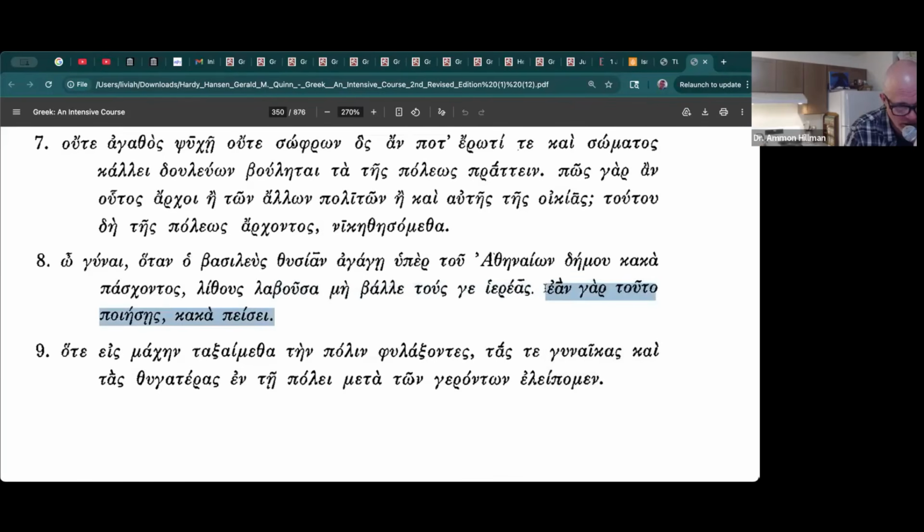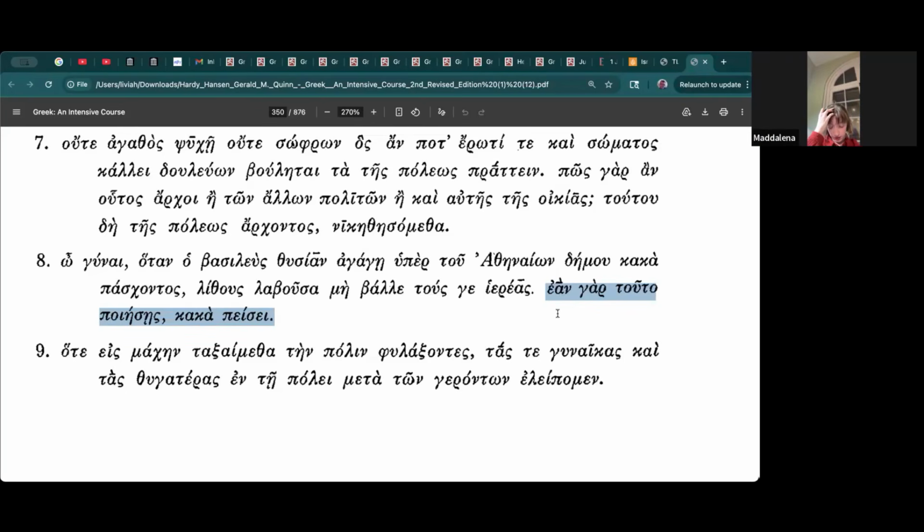Look, those bastards just put a conditional right at the end. Right here we have an imperative, me bale, telling somebody not to do something, or prohibiting something. Now, just identify what kind of conditional this is. Ean plus what? Poieses.